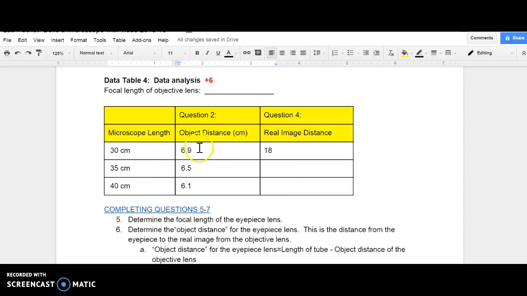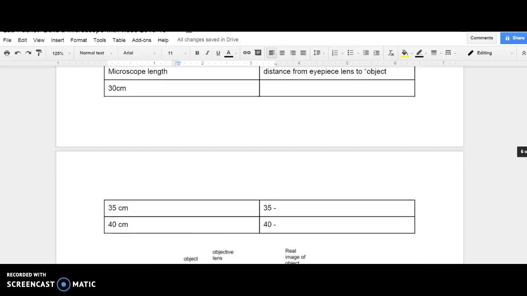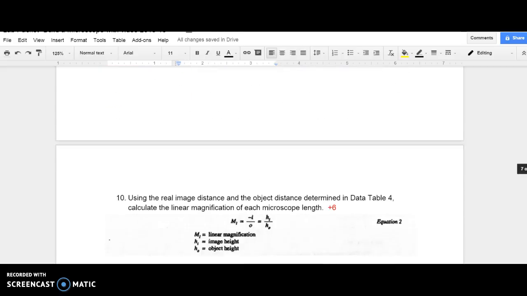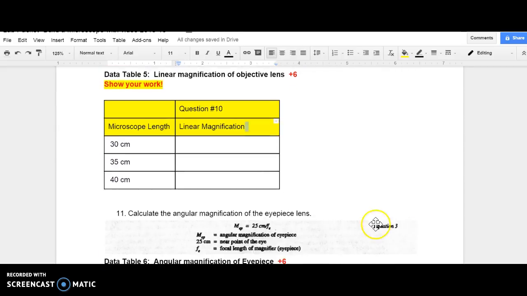And then if you remember, in my example, I used 6.9 for my object distance, and we calculated that to be 18 for my real image distance. So for the 30 centimeter microscope, I'm going to use 6.9 for my O and 18 for my I. So down here, I will calculate it.